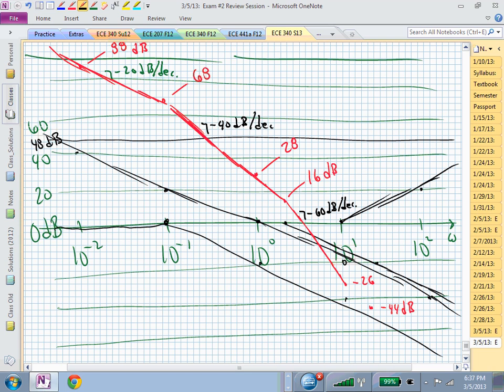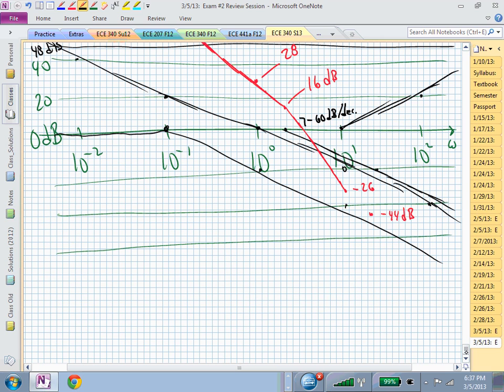I effectively have 2 poles. So now I'm sloping at minus 40 dB per decade. I start at minus 26. I better be at minus 66 when I hit 100. And I just keep going at that same slope. Is that clear? Here now I'm at minus 66.